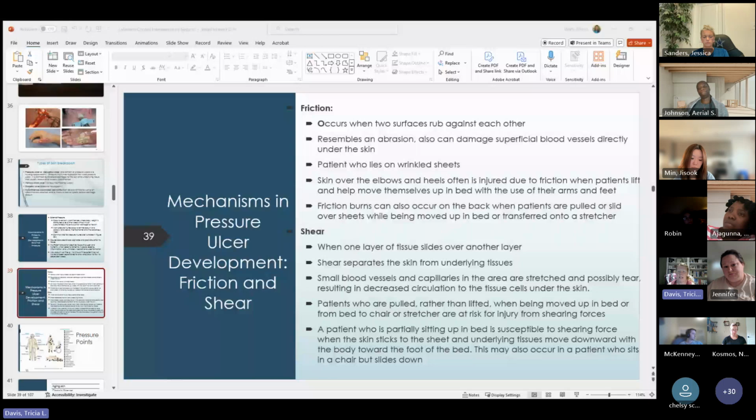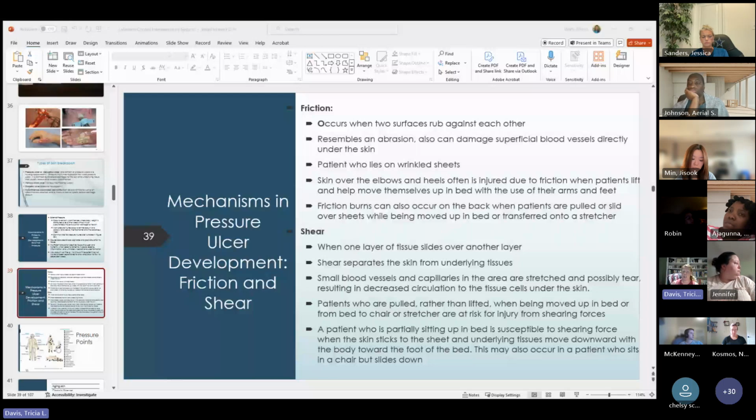In their skin, they have small blood vessels and capillaries that are going to be stretched, and as they're shearing, they can tear. That decreases the amount of good blood flow to that area, which is going to delay wound healing. This can happen in patients who are pulled across an area rather than using that lift, and when we move them up in bed without having them on a lift and lifting them off the bed.